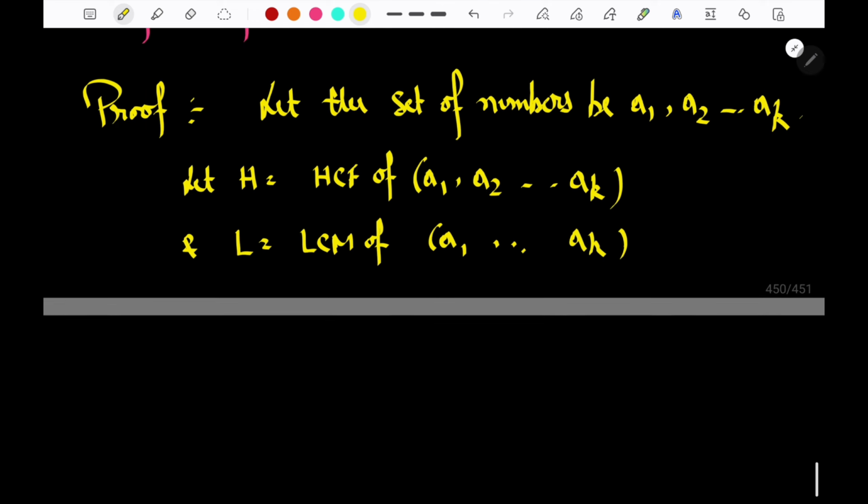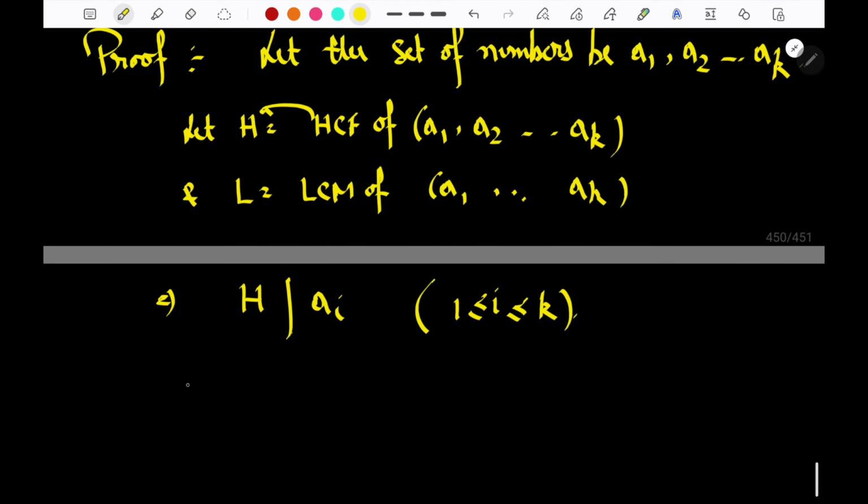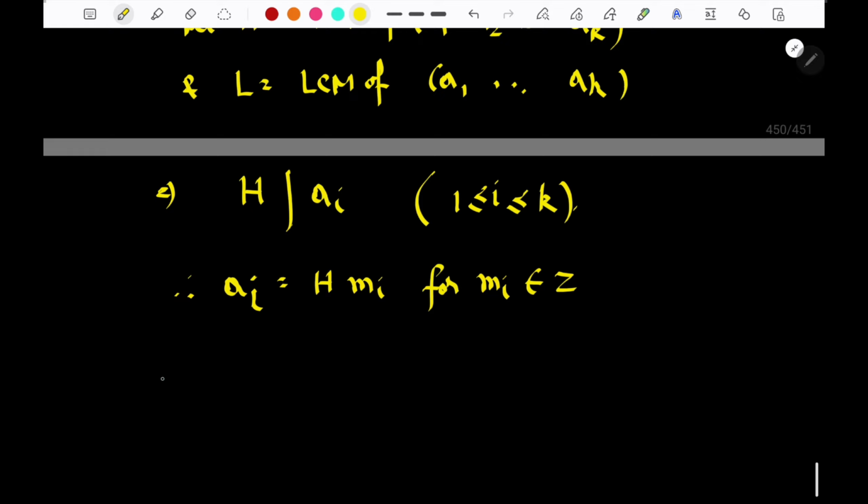Superb. If the HCF of a1, a2, ak is H, what does this imply? H divides ai, for i ranging from 1 to k. Therefore we can write ai equals H into mi, for mi belonging to Z. Now also, what about LCM?